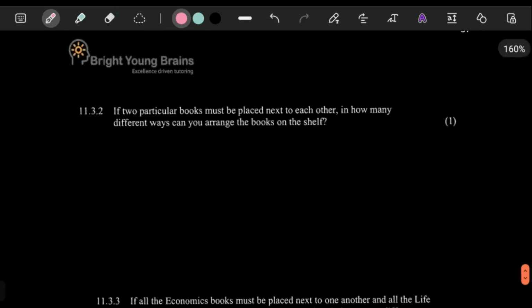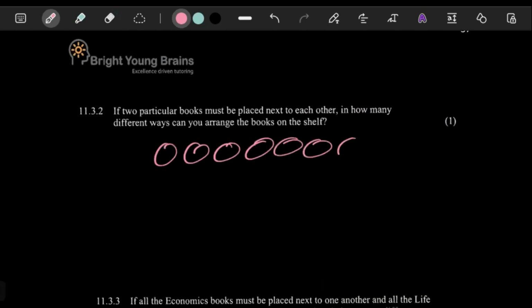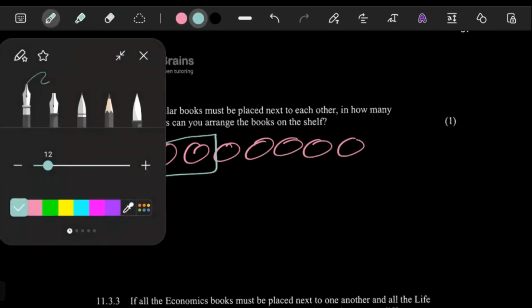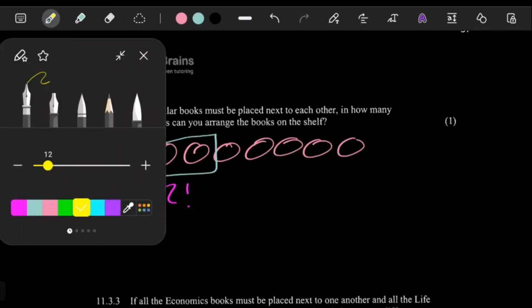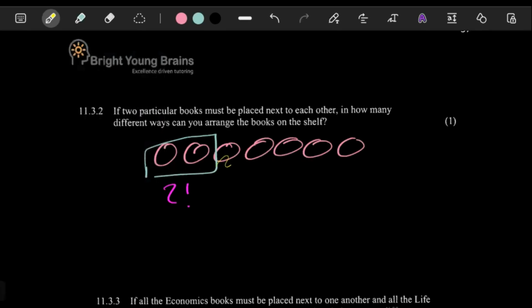11.3.2 says if 2 particular books must be placed next to each other, in how many different ways can they be arranged? In that case, you have 7 positions. If 2 are stuck together, these 2 can be arranged in 2 factorial ways, and you look at them as one object. So you have 6 objects, which can be arranged in 6 factorial ways.